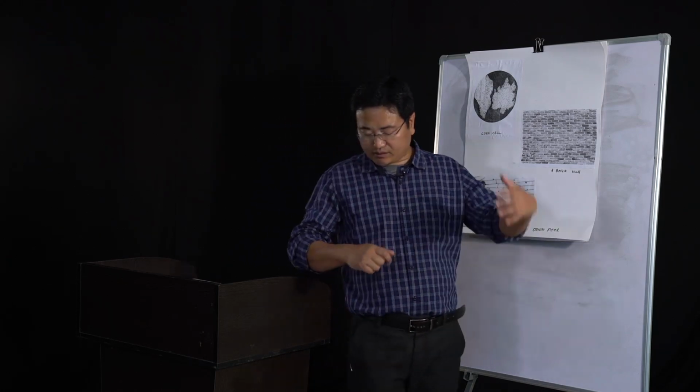So depending on the number of cells that an organism has, we are going to divide organisms into two. One is those having one cell, single-celled organisms, and those that have many. Single-celled organisms are called unicellular.